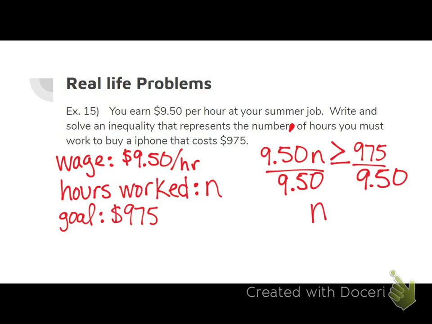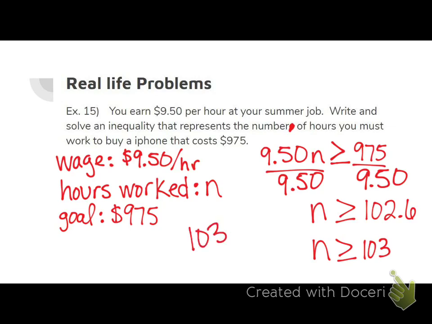Okay, so we've got n greater than or equal to 102.6. Now, at most jobs, you're not going to work 0.6 of an hour. So what do you think we need to do with that? Round it. Round it to 103. So we need to work at least 103 hours at our job to be able to afford that iPhone outright.